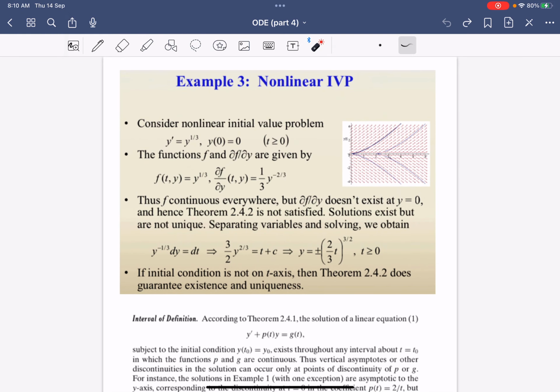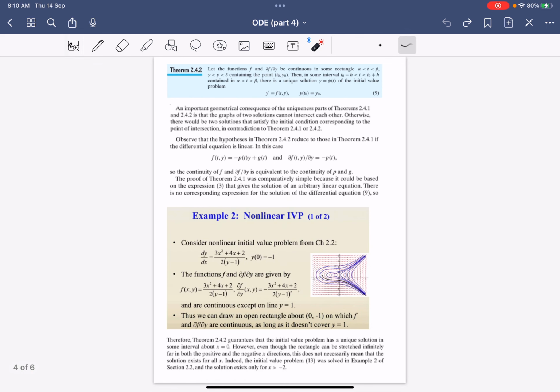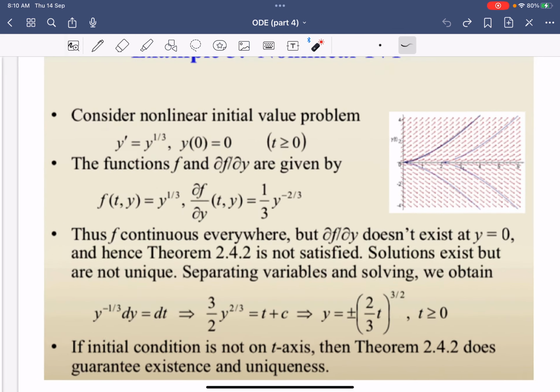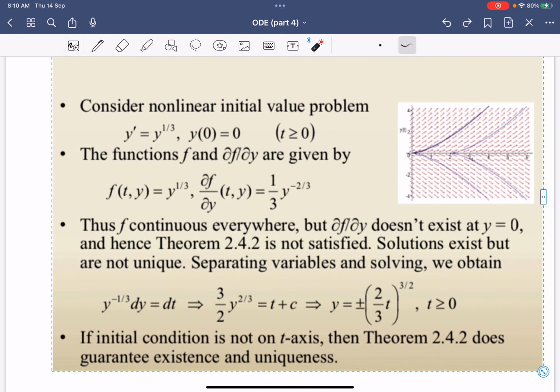Another example of a nonlinear IVP is the following. In this case, f is continuous everywhere, but the partial derivative doesn't exist when y equals 0. Hence, this theorem is not satisfied because the initial value is at 0.